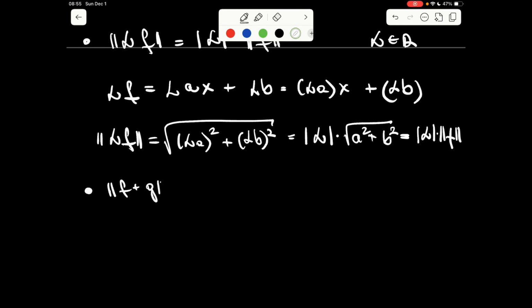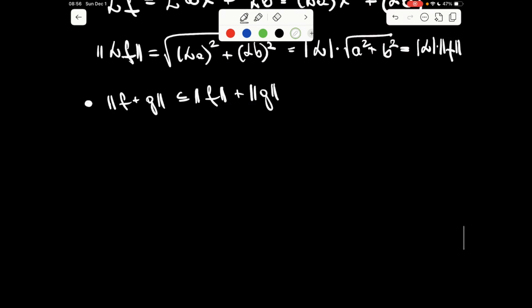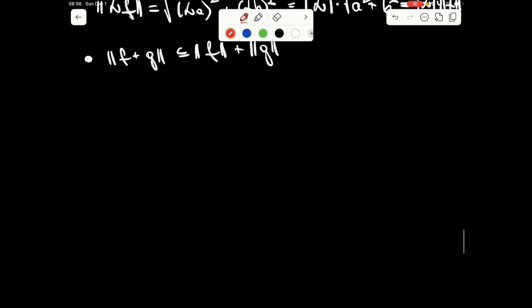And the third property, the triangle inequality, must hold. As we work with a candidate norm which works in the usual two-dimension Euclidean space, a figure might help.